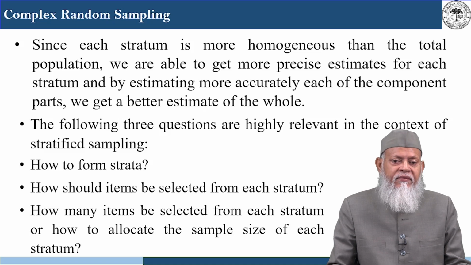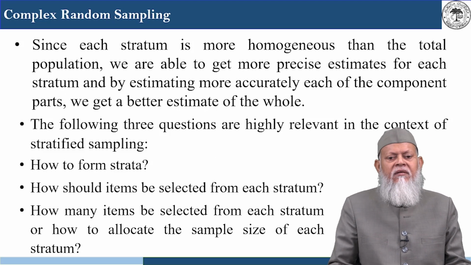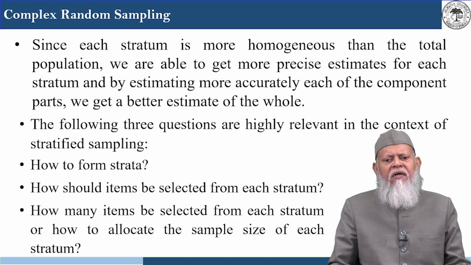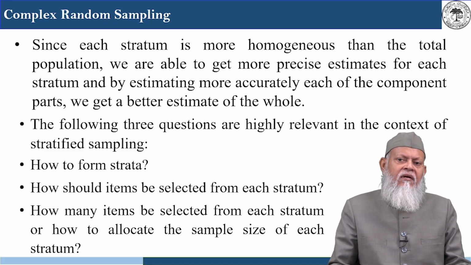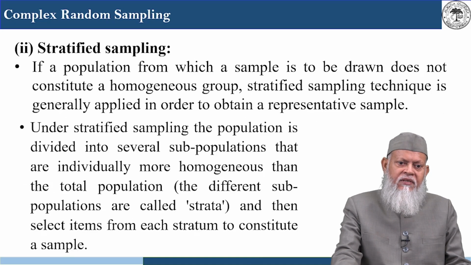I think we have been able to understand the concept of stratified sampling: to get the heterogeneous character of the population into the sample, we adopt the stratified method of sampling.